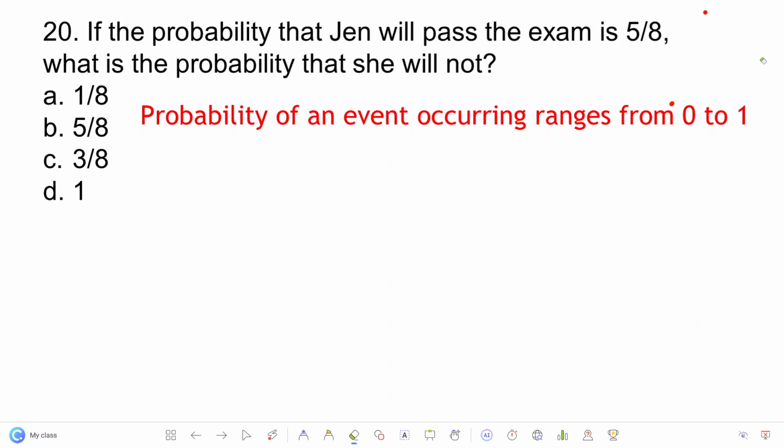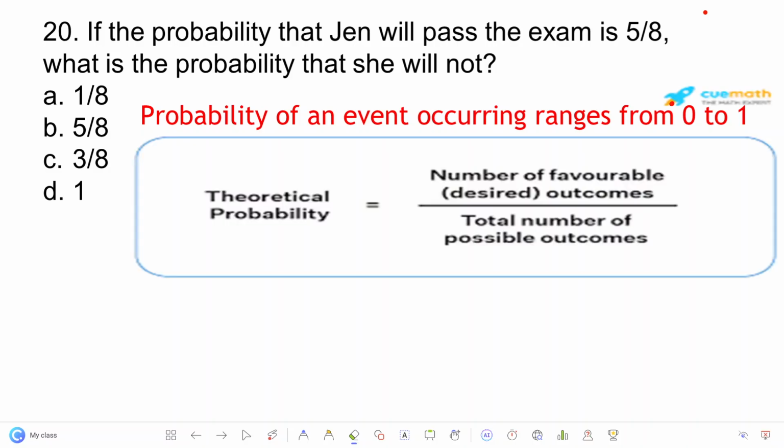Dahil po, itong statement na to, minsan lumalabas talaga sa exam. Okay? So, here we have the formula for probability. This is the number of favorable or desired outcomes over the total number of possible outcomes. Ang number of favorable outcomes, ito yung kung ano ang gusto mong lumabas. Kung ano ang gusto mong makuha, ito yun. Tapos ito naman, ang total number of possible outcomes.